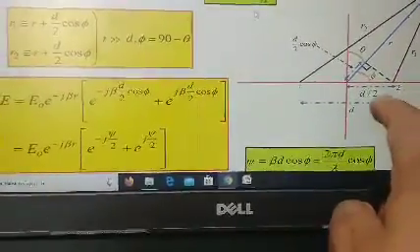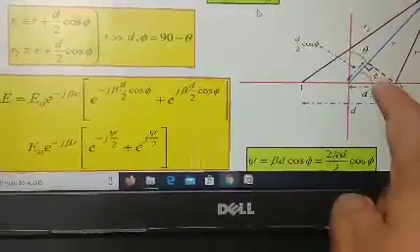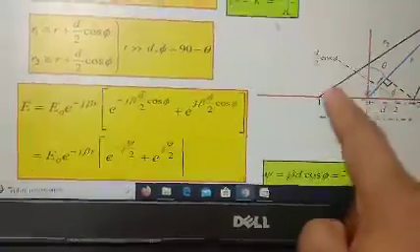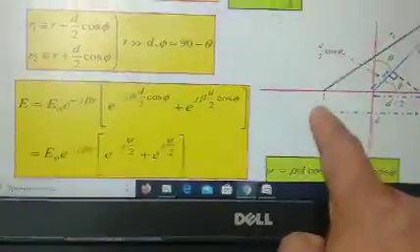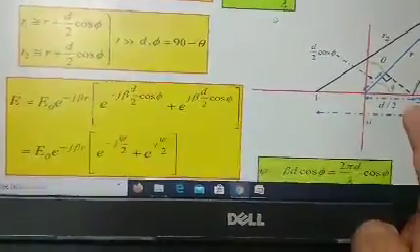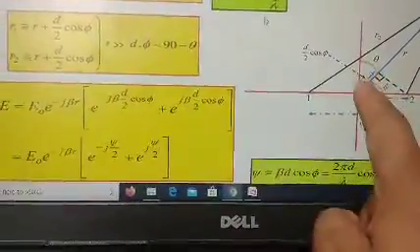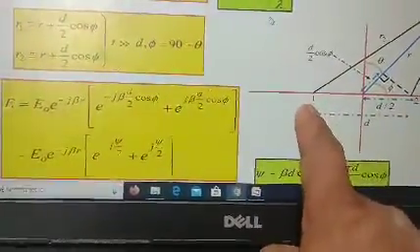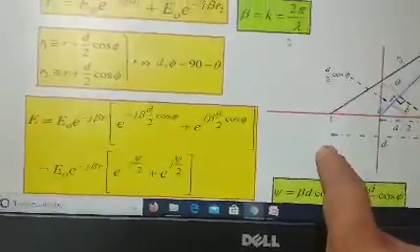Isotropic point source 2 is advanced and isotropic point source 1 is retarded, advanced by 90 degrees or any phase phi.